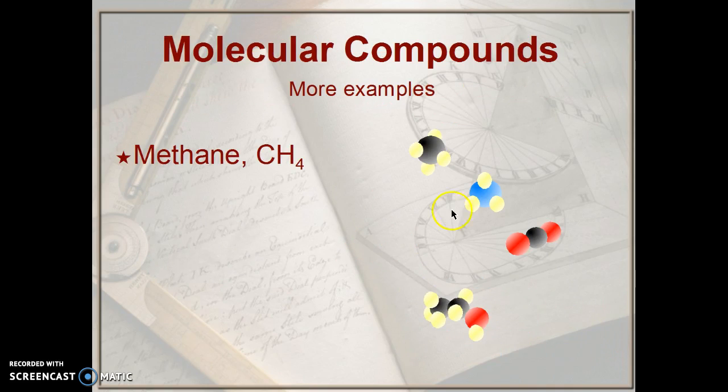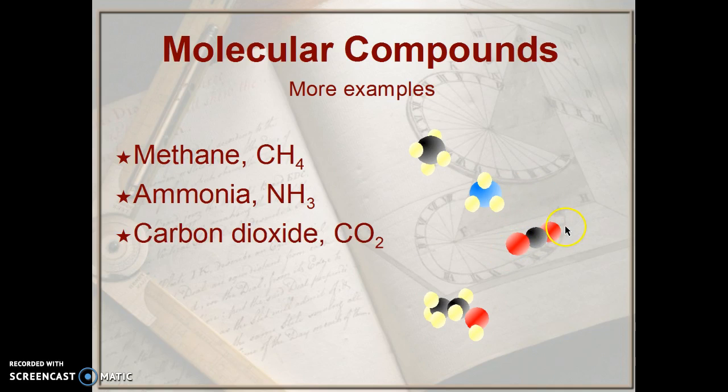More examples. Methane here, CH4. Ammonia, also molecular, covalent bonds. Carbon dioxide, the linear molecule you see here. Ethanol, C2H5, and then this OH or hydroxyl group.